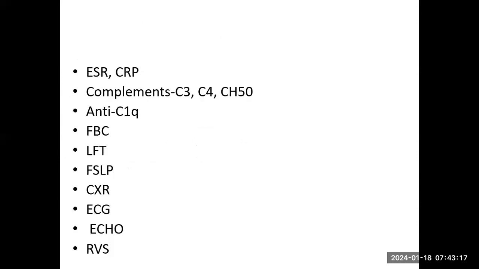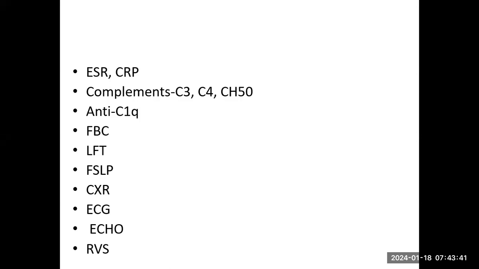I would also want to look at markers of disease activity. I would do erythrocyte sedimentation rate, C-reactive protein, complements including C3, C4, CH50, then the anti-C1q antibodies, which is a disease marker for lupus nephritis.